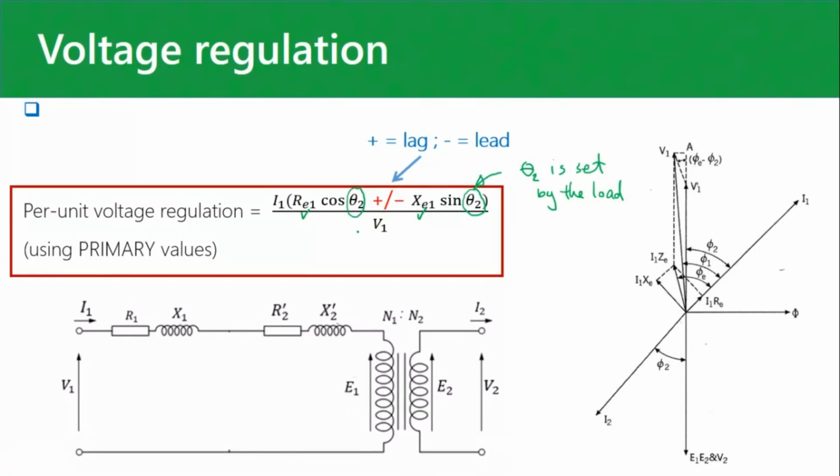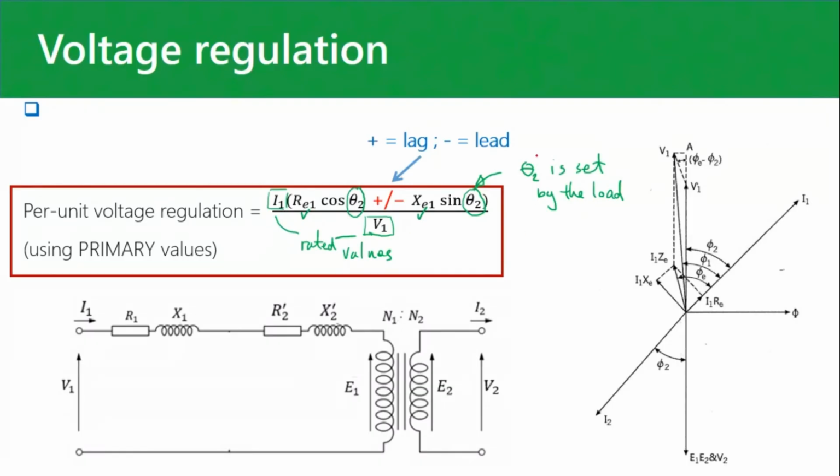Then again, you see I1 and V1. So it's RE1, XE1, I1, V1. What are these two? These are the rated values. So we need all of that RE1 and XE1. Now, in the middle there, I've shown you this plus or minus.